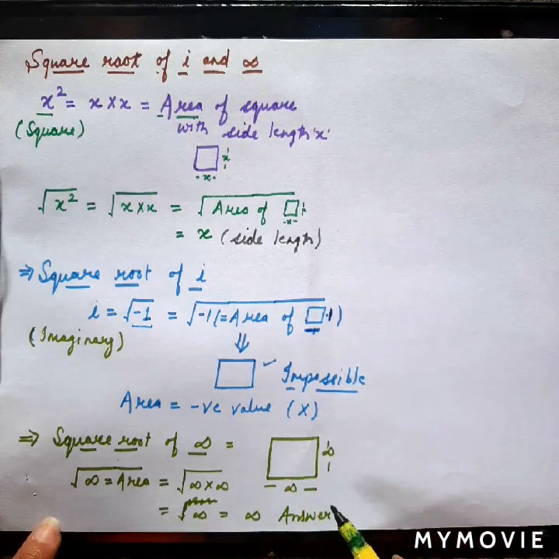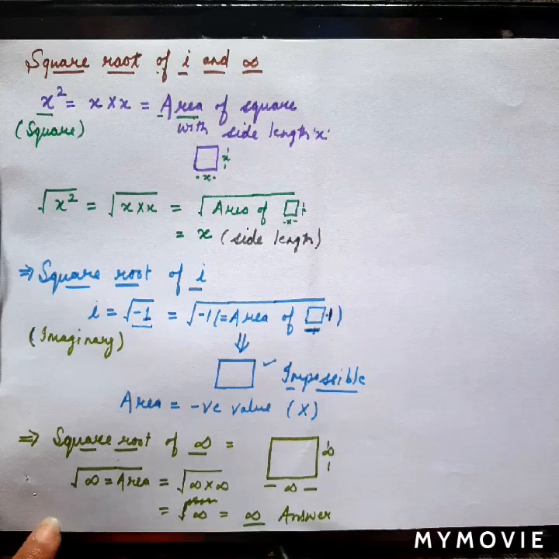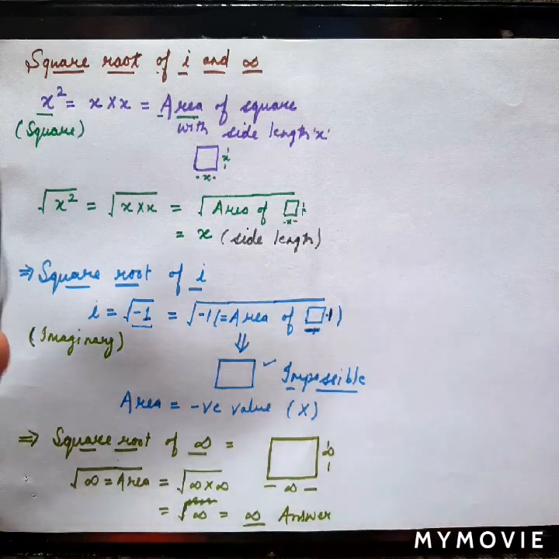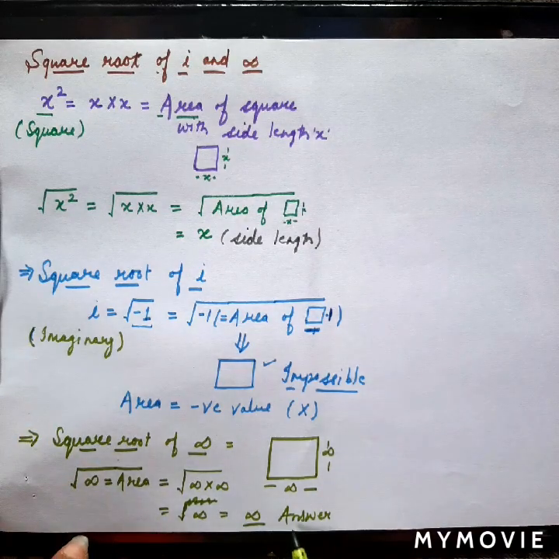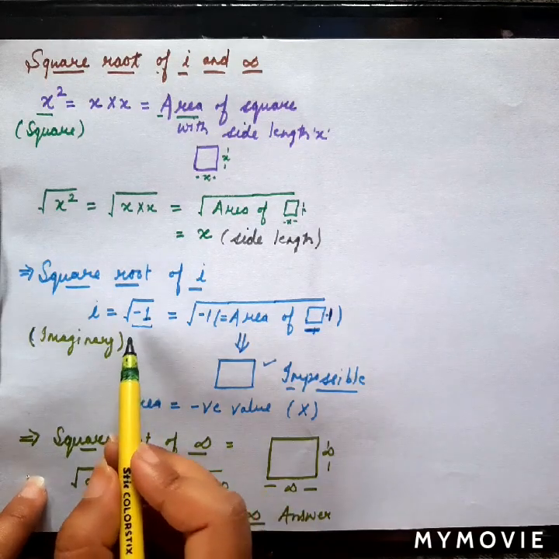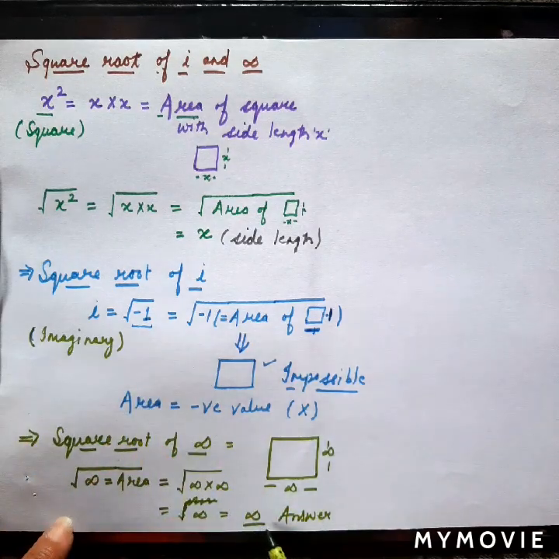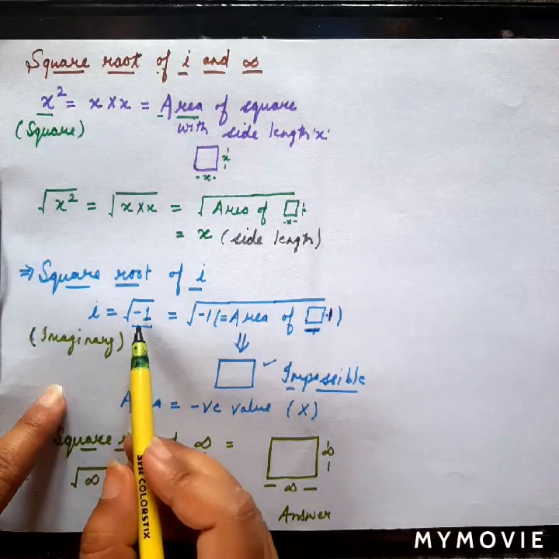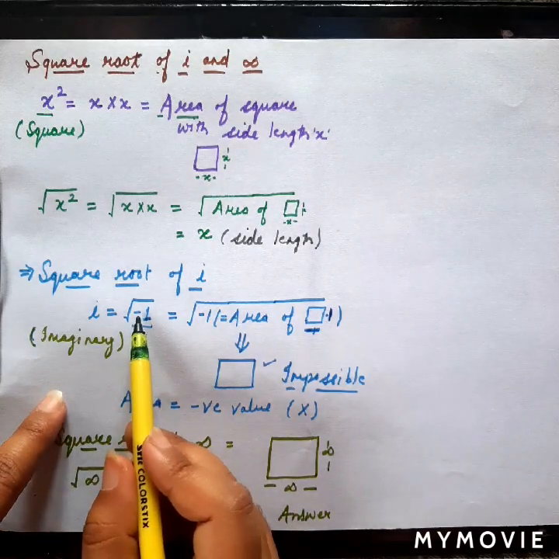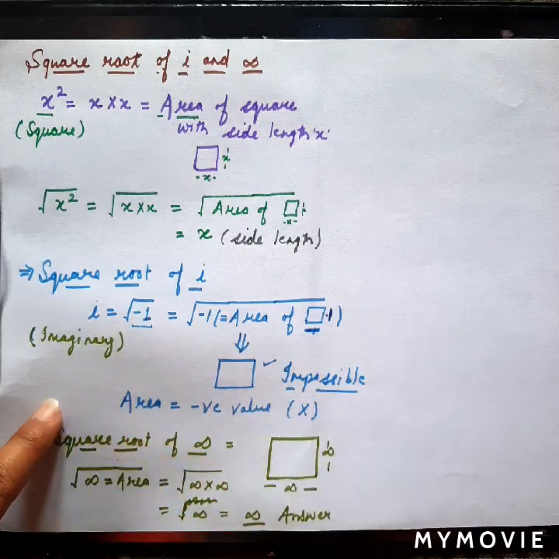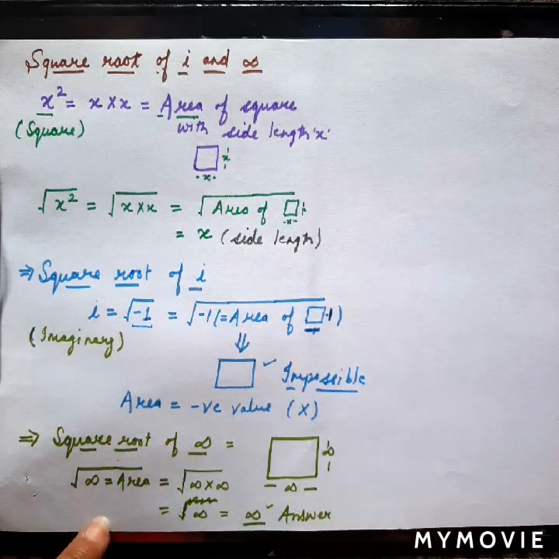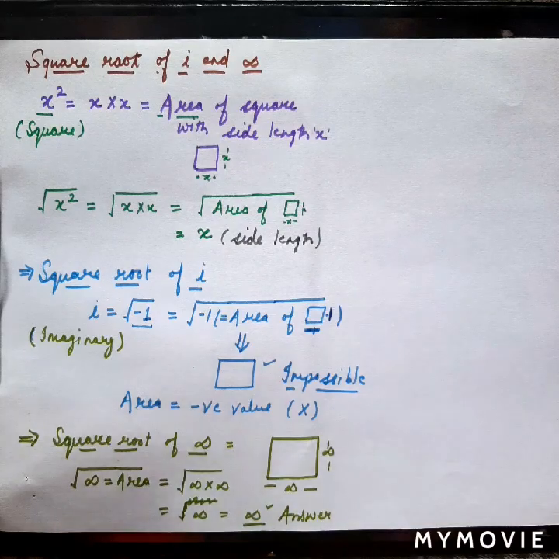Here also it is impossible, but here we can say that this is equal to infinite, because we have no separate value for infinite. Here we have defined a particular value for the under root of -1, which is equal to imaginary, but here there is no particular value, so we will say that infinite is the square root of infinity, right?